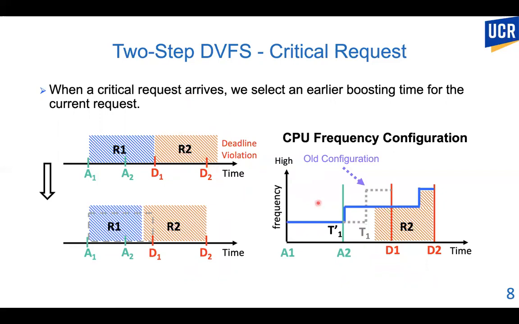To avoid the deadline violation, we boost the frequency for processing request R1 earlier so that the subsequent critical request R2 can begin to execute before request R1's deadline D1. Thus, we give more time for R2 to finish its work before its deadline D2.